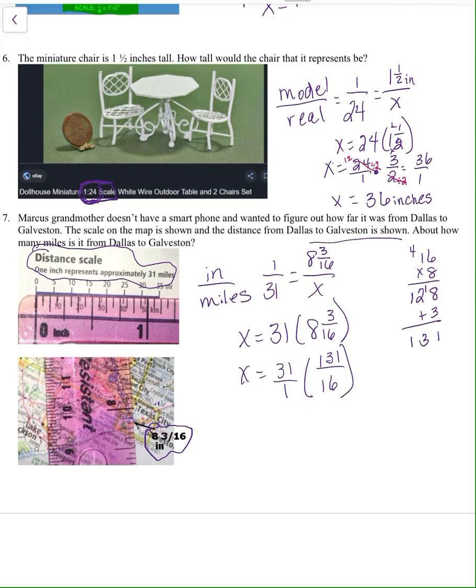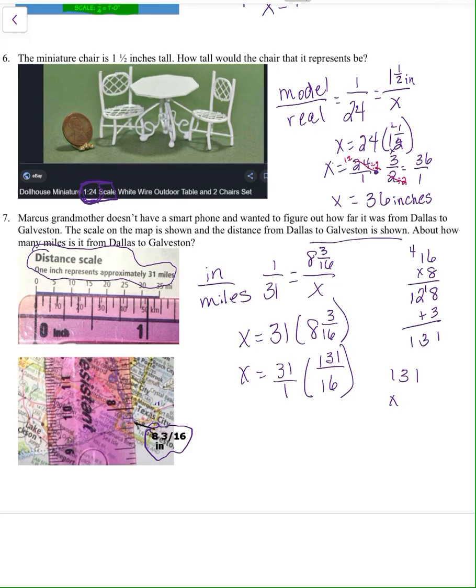Can't simplify because 16 times 2 is 32. So close to being able to simplify. So we're going to do 31 times 131.